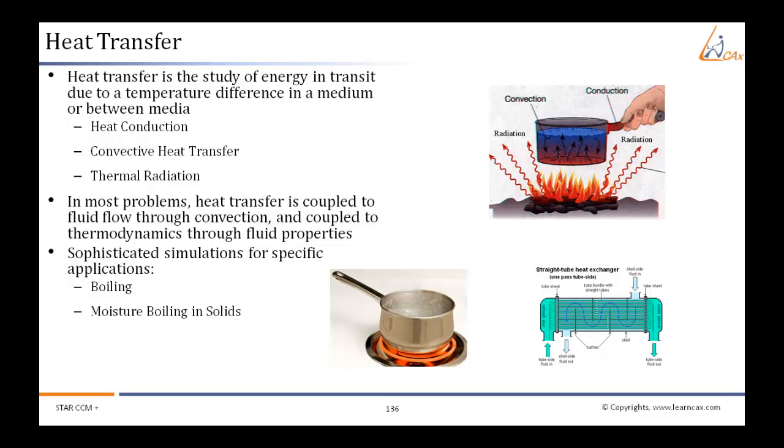Moisture boiling in solids, where you are interested in modeling the boiling of a moisture within a solid material. Thin film, where you are interested in simulating de-icing or defogging on a surface. Heat exchangers, heat transfer between two fluid streams, a hot and a cold stream, such as in radiators and air coolers.